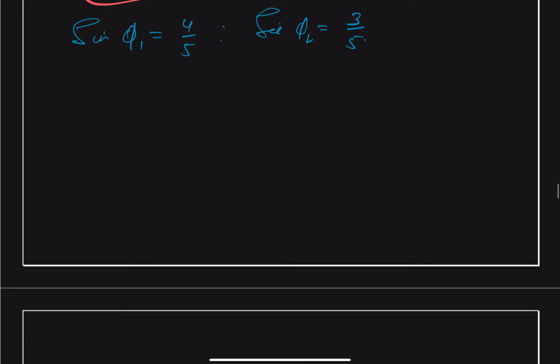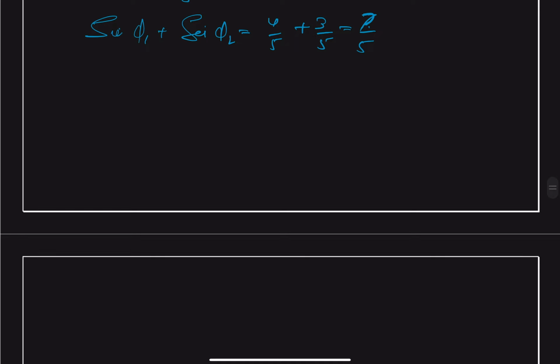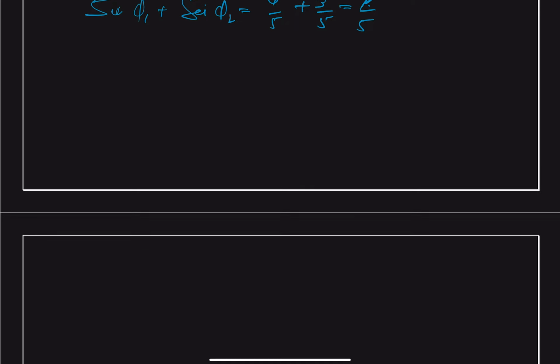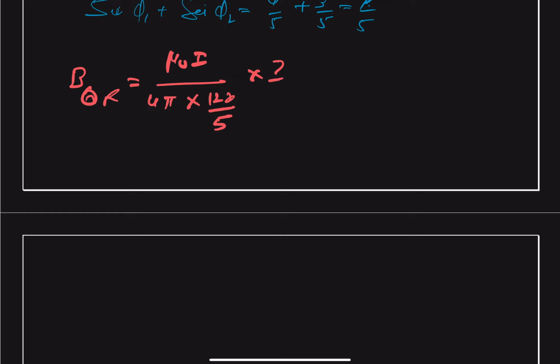We require their addition: sine of phi 1 plus sine of phi 2 is 4 by 5 plus 3 by 5, giving us 7 by 5. So we know all the relevant things. Therefore, the magnetic field because of QR will be equal to mu naught I upon 4 pi, times the distance 12x upon 5, multiplied by 7 by 5.